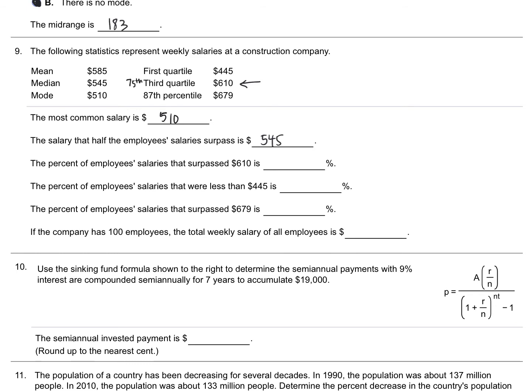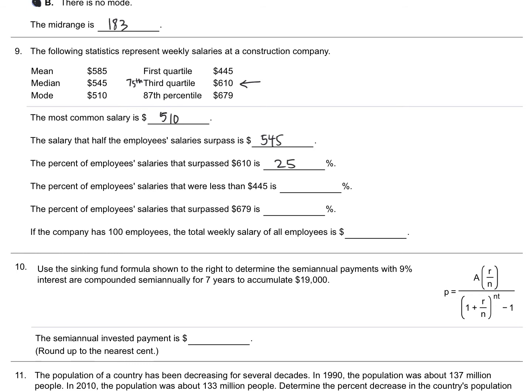So that means that $610 is more than 75% of the employees, and 25% of the employees make more than that. So 25 would go here. The third quartile, or the 75th percentile, means that 75% of the employees make below $610, and 25% of the employees make above $610.